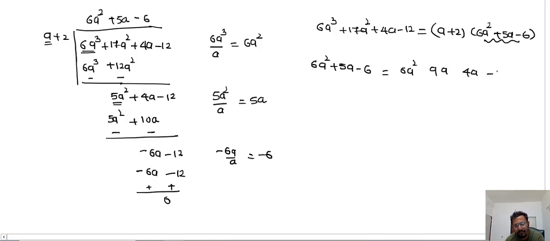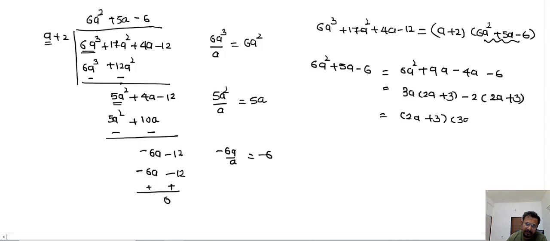Now minus 2 is common, so from this 2a plus 3 is common. Okay, so we can say that the remaining factors, the factors of P of a, are a plus 2, 2a plus 3 and 3a minus 2.